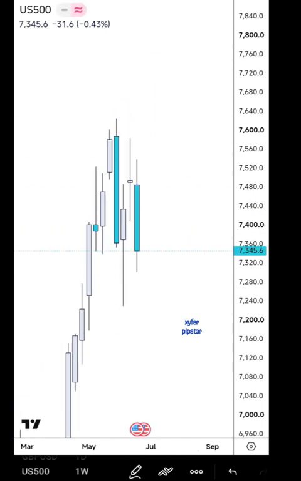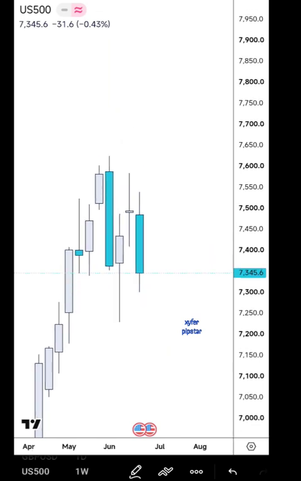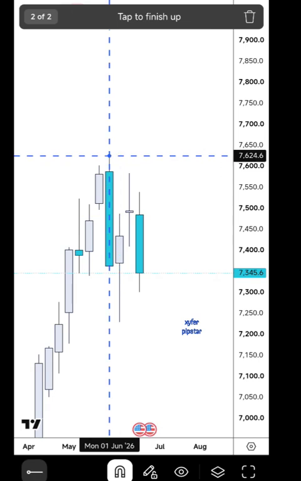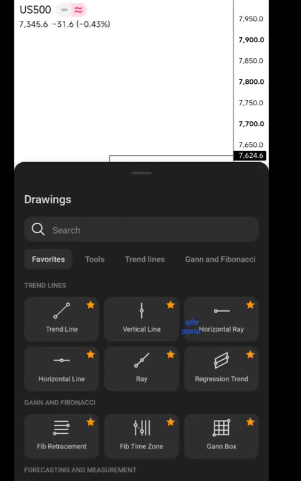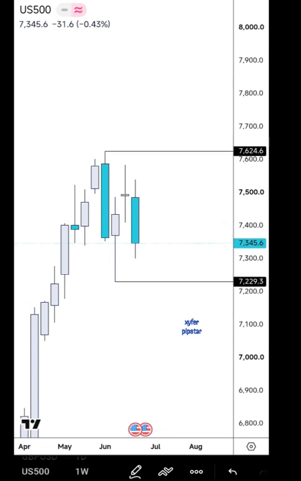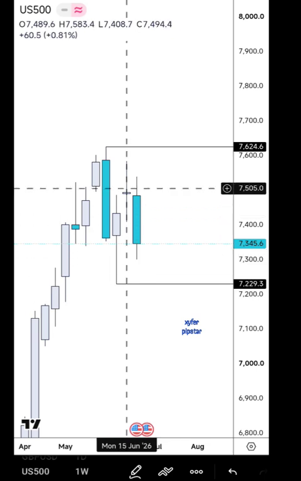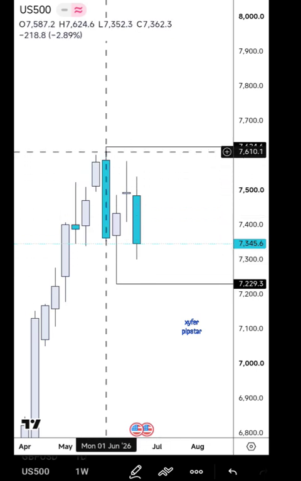So what can you see? For US 500, this swing high and this swing low. This is our range. But what are we focusing on? Look at this high, this high, this high.